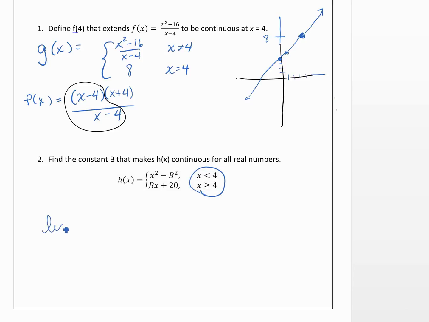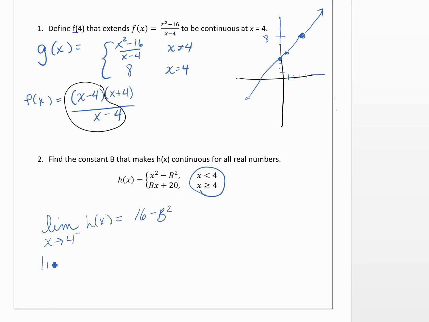So we could say that the left-handed limit of h of x happens when we plug in 4 to the top here. We're plugging in 4 for x. So we'd have 16 minus b squared.